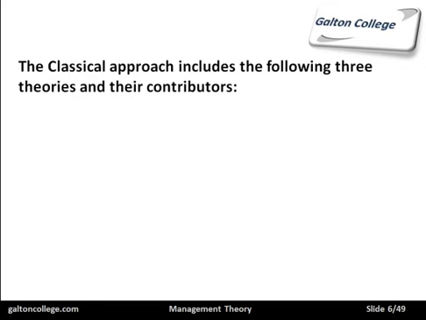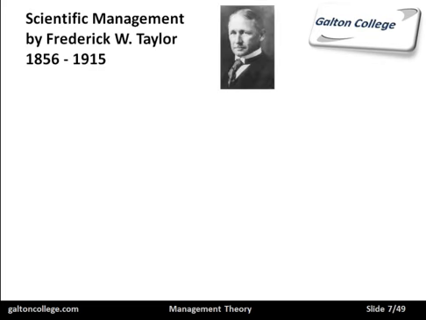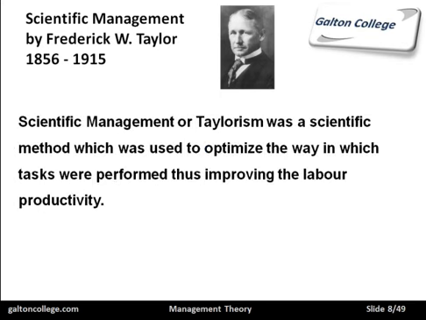So the first one to look at is scientific management by Frederick Taylor. Now, to give you a quick version of this, scientific management, or Taylorism as it's sometimes called, was a scientific method which was used to optimize the way in which tasks were performed, thus improving labour productivity.